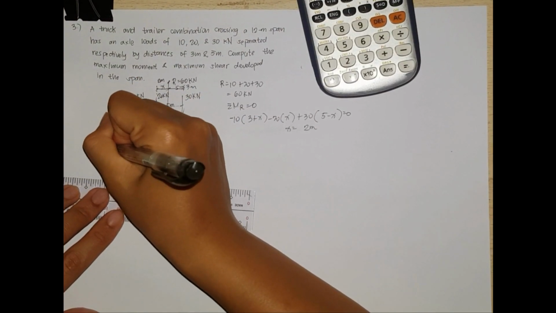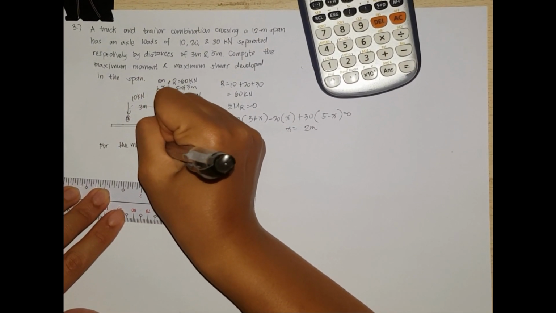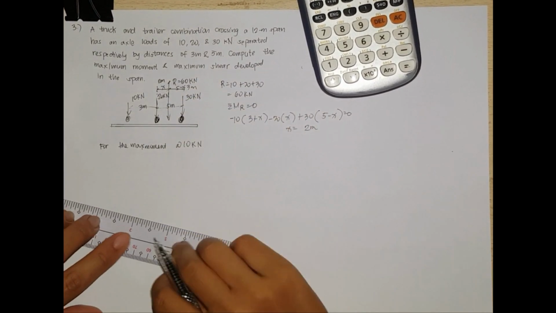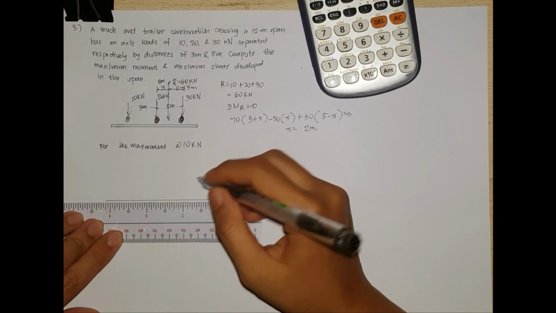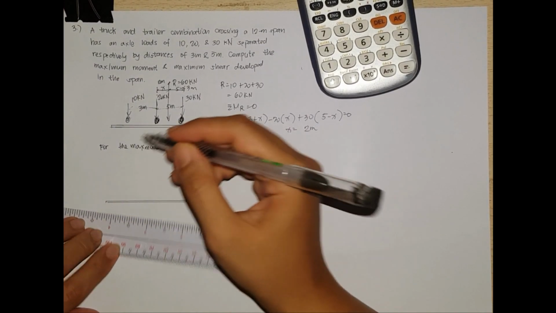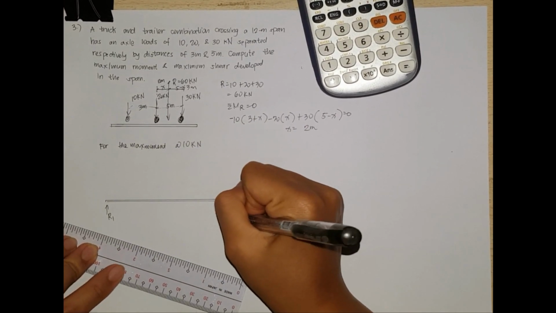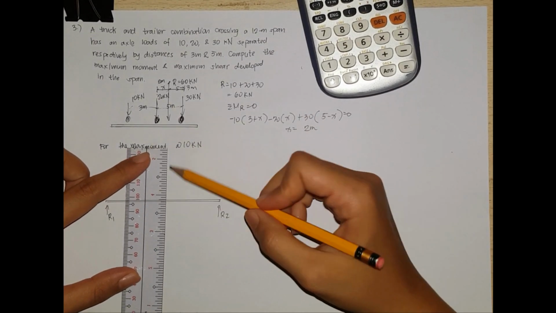So, for the maximum moment at 10 kilonewton, drawing natin yung whole span of 12 meters. This is the reaction 1, then reaction 2. This is the center line.